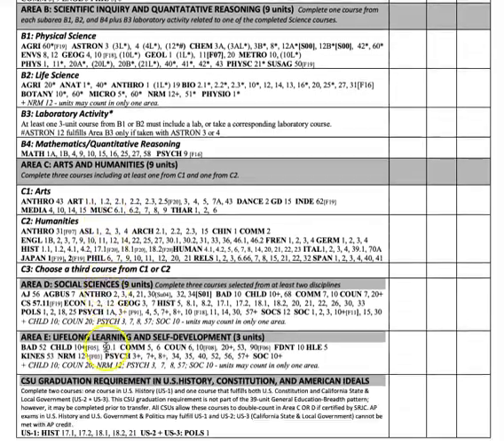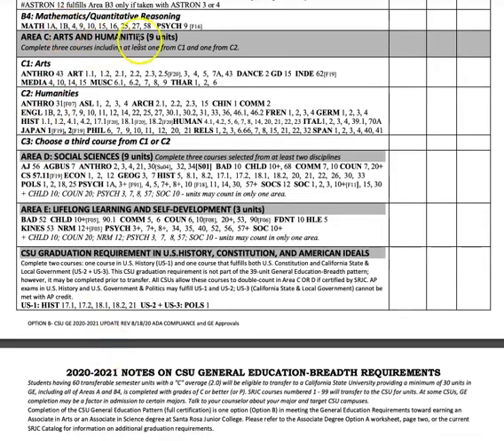Coming down to Area C, this is the Arts and Humanities area. You need 9 units here, and you need to take at least one Area C1 Arts course, one Area C2 Humanities course, and then the third course can come from either Arts or Humanities. So students will usually take either 2 Arts and a Humanities, or 2 Humanities and an Art.